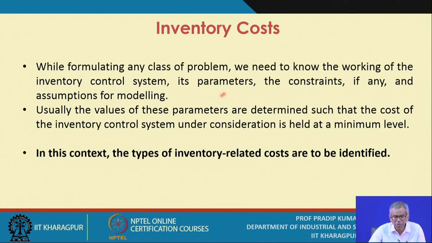So please note it down. When I explain any inventory control system against a particular item, immediately you must be able to identify the parameters of these inventory control systems.